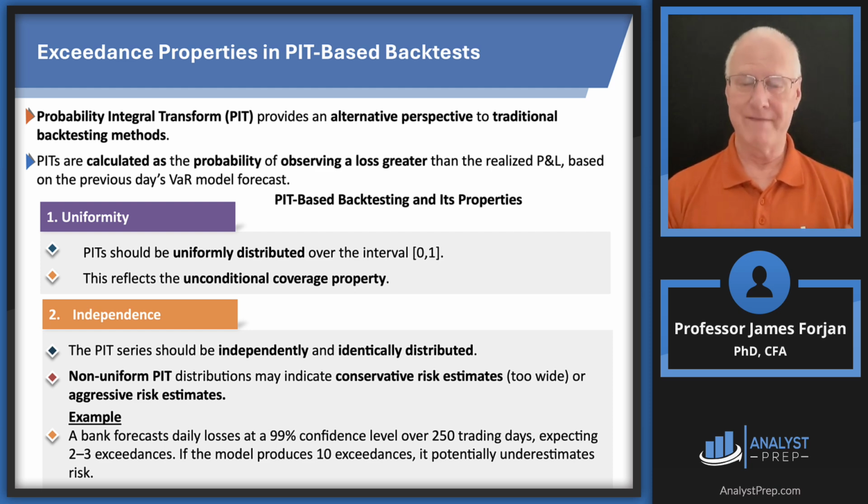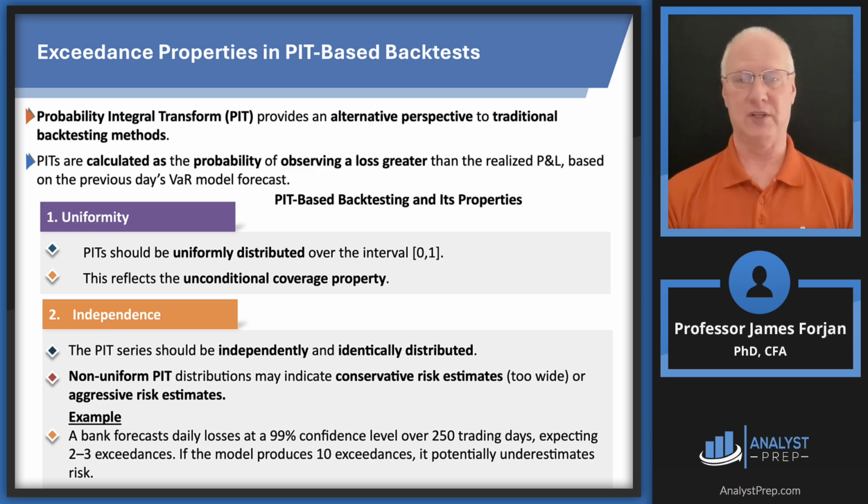Now, if we go ahead and observe this distribution and it doesn't look like a rectangle, maybe it has something above, or maybe it has something below, maybe it has a high middle, maybe it has a low middle. Well, what that means is that the model is not perfect in its explanation. But what's really cool about these tests that we're going to talk about in a little bit is that even if we get a non-uniform PIT distribution, we can learn from our mistakes.